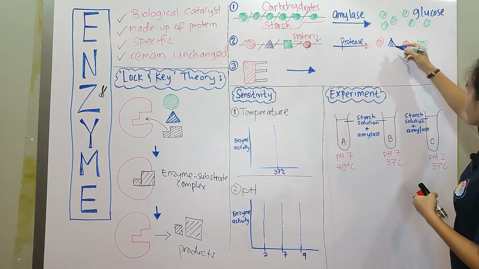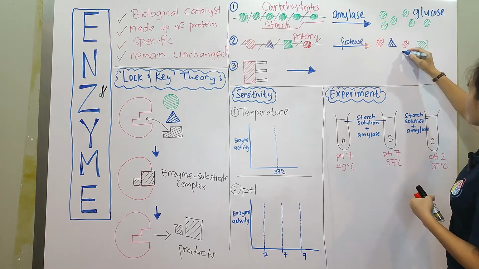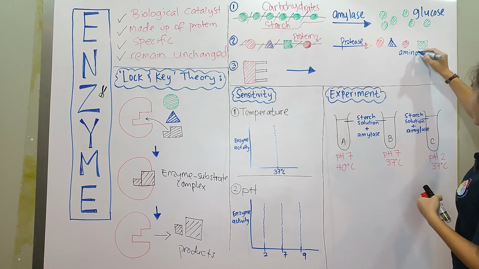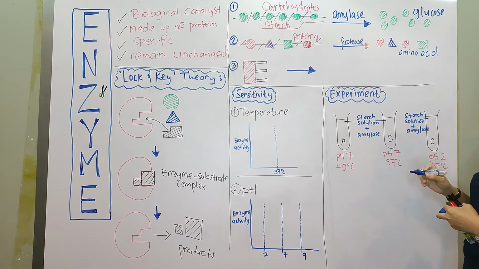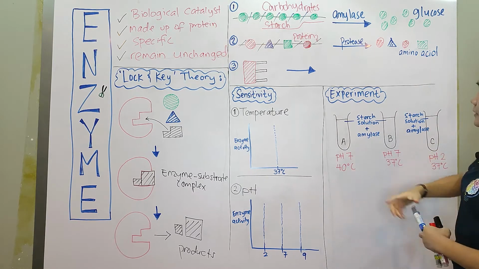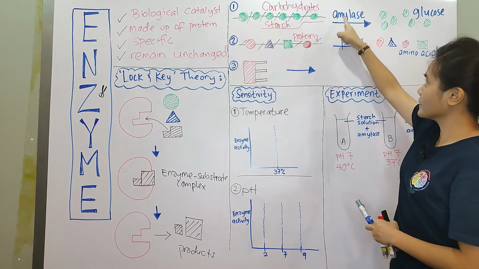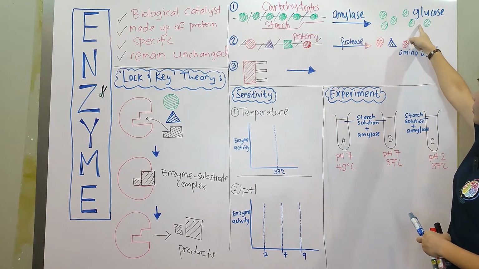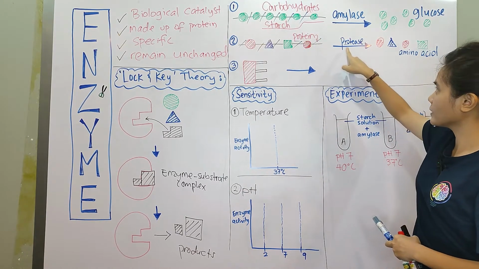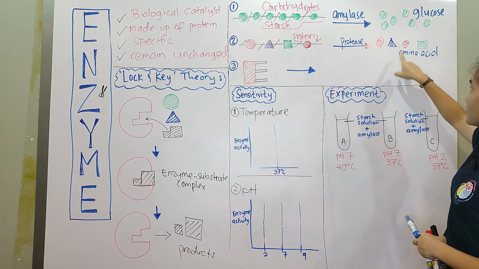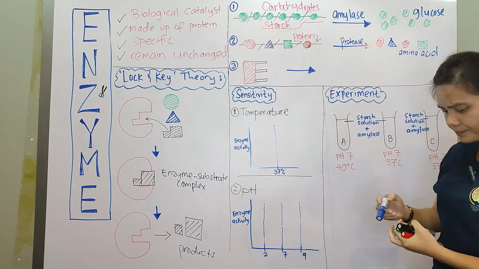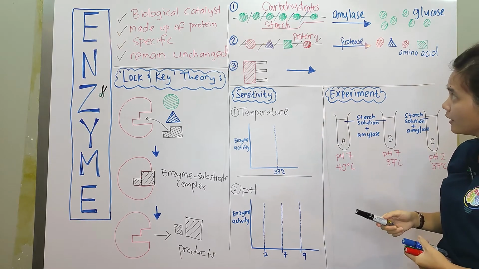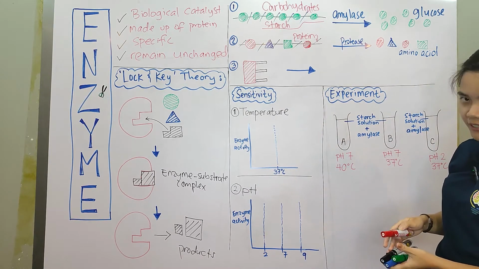It is called amino acid. So carbohydrate and starch are broken down by amylase into glucose. Protein is broken down by protease into amino acid. So the last category is called fats.